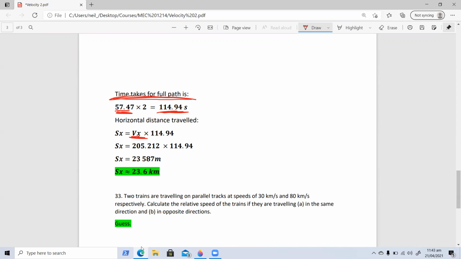Now, to find the horizontal distance traveled, we just put in this time and the velocity. Now, we know S is equal to ut plus half at squared. But remember that this a comes from a resistance in the horizontal path.